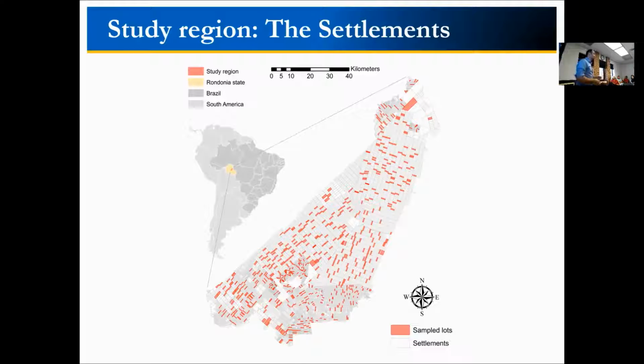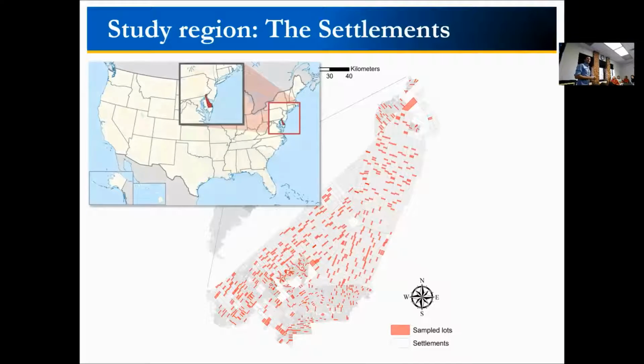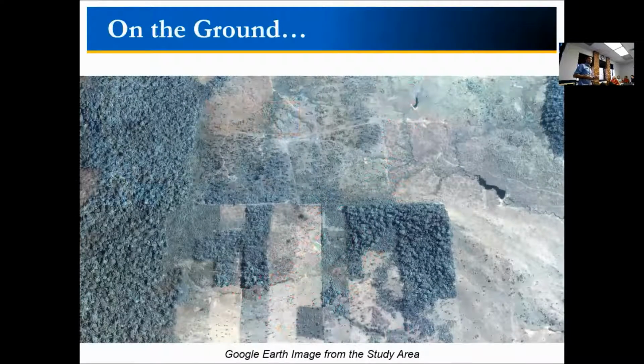But the study region is in Rondônia. It's a settlement region. All of those squares here, those polygons, represent one farm. And it's almost the size of Delaware, so you can have an idea. On the ground, it looks like this. You have some patches of mature forest.